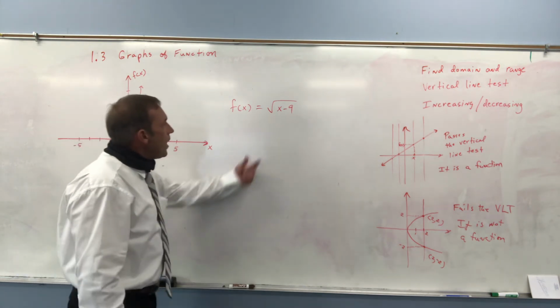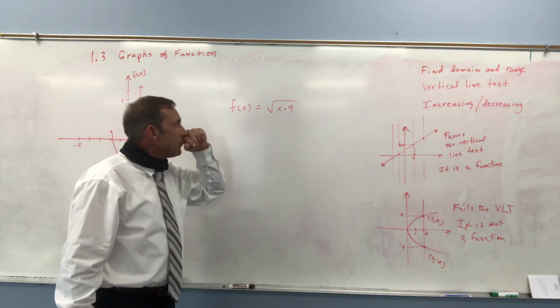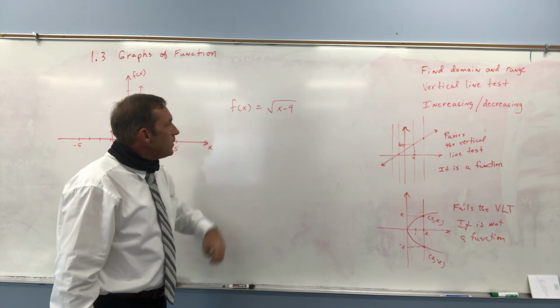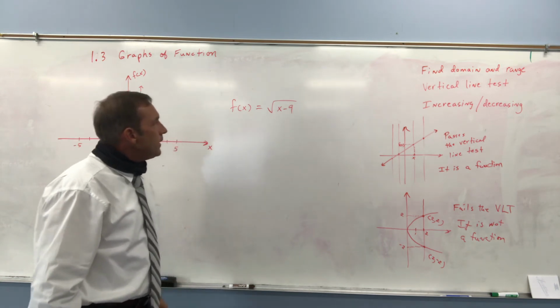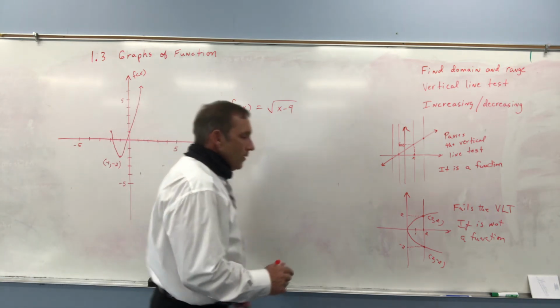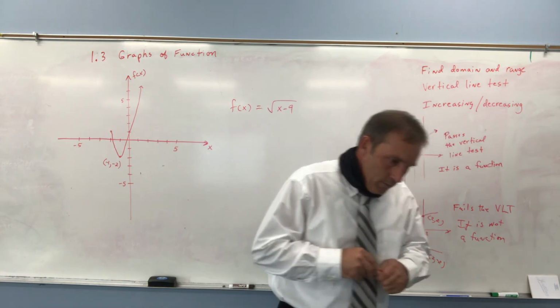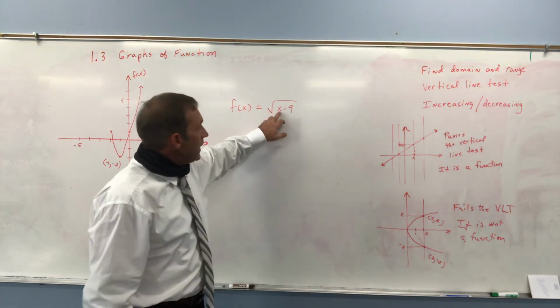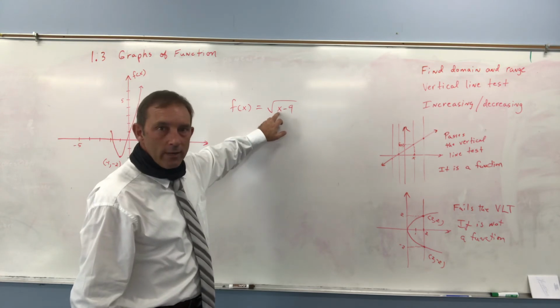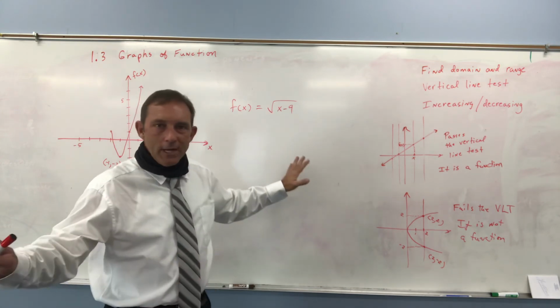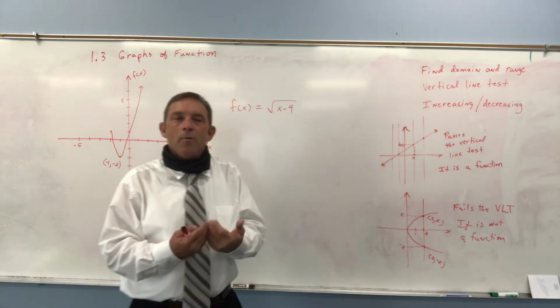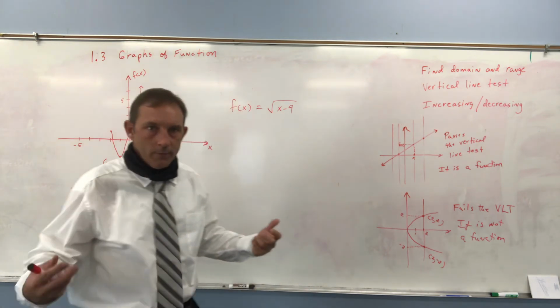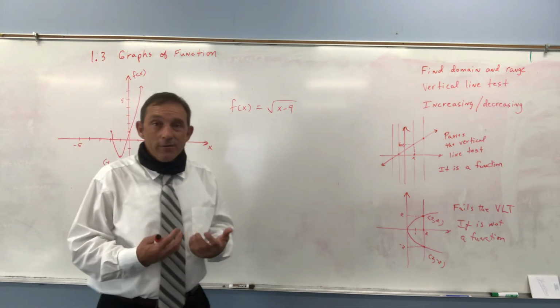If we want to figure out the domain and range of this, then what we need to do is recognize, in a mathematical sense, what would limit us in terms of what we put in for x. If there's no limitation on what you can put in for x, then the domain will be all real numbers. And a lot of times that is the case.